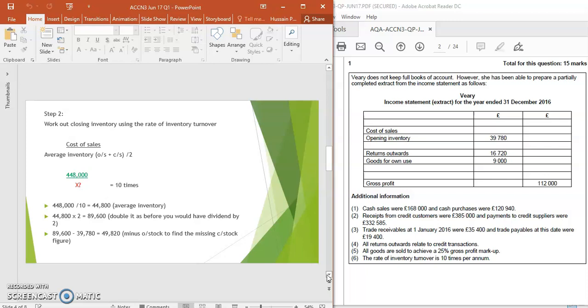The second step, in my opinion, would be to work out closing inventory. You could go straight on to purchases, but there's not enough information about it. If you look at a question with incomplete records, it's a bit like a jigsaw.